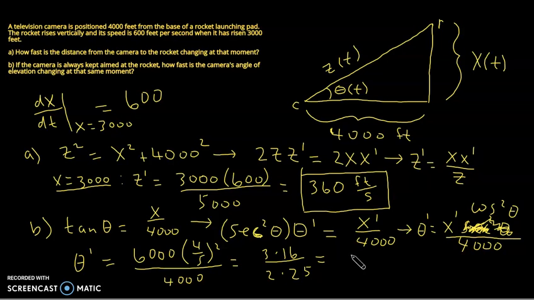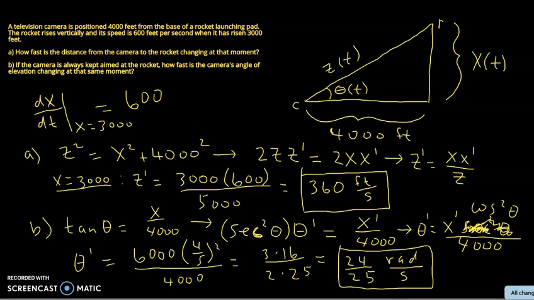And let's see, that's 24 over 25. And the units, see, this is d theta dt, so it'll be theta units over t units, so that's radians per second. And that is the answer to part B.